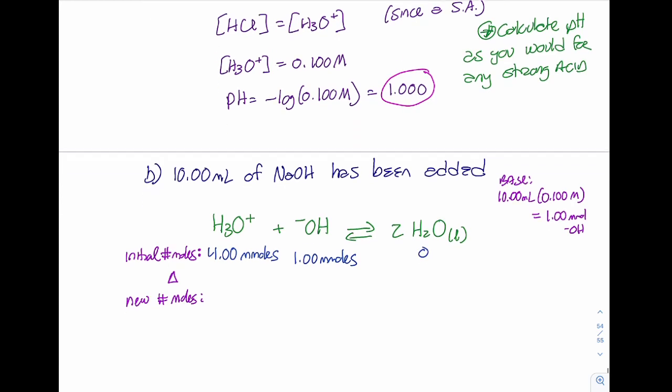And then remember, just like we were doing with our buffer solutions, this isn't a buffer, but it's the same sort of idea. It's a limiting reactant problem. I have 2 reactants. It can never proceed further than the one that I have less of. So we're going to take the one that I have less of, and I'm going to subtract it from both.